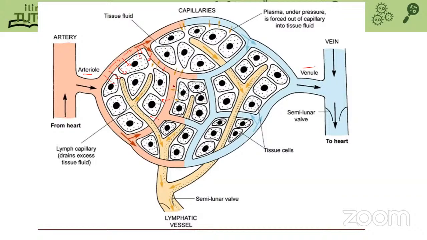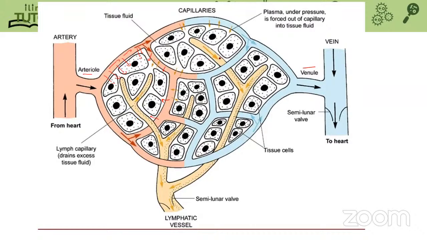Okay, because the oxygen molecule is small enough to actually diffuse through those membranes. So they actually diffuse through the cell membranes into the tissue fluid, and as such, the cells of the tissues here can now have access to the oxygen and carry out their aerobic respiration.